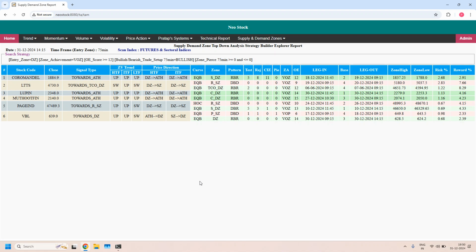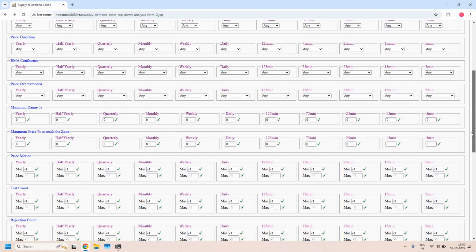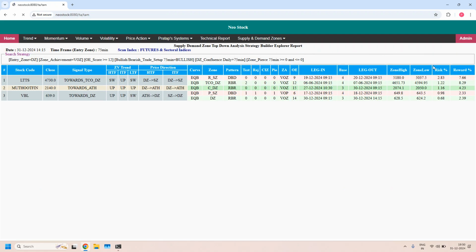Apart from that, we can further filter based on the LTF and ITF demand zone confluence. Let's verify them. In the demand zone confluence, 75 minutes demand zone with daily demand zone confluence, I am enabling that filter. With this filter, out of those 8 stocks, we got 3 stocks.